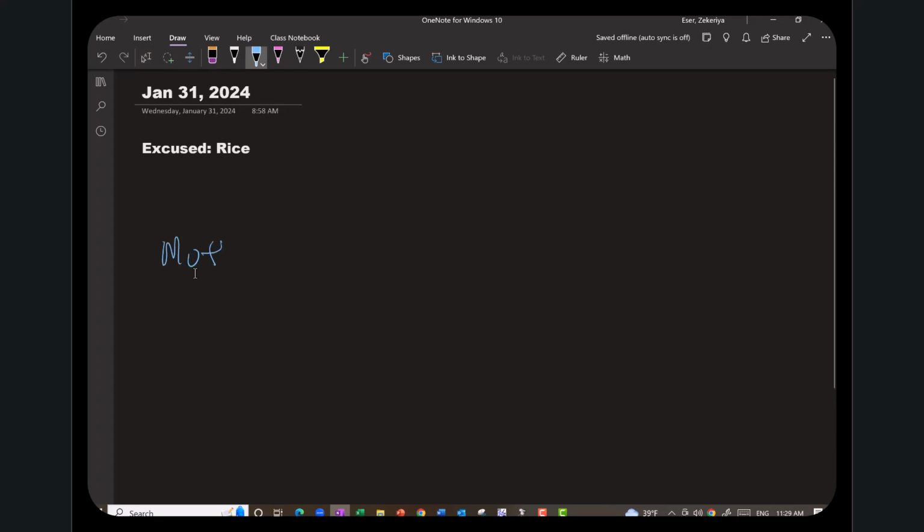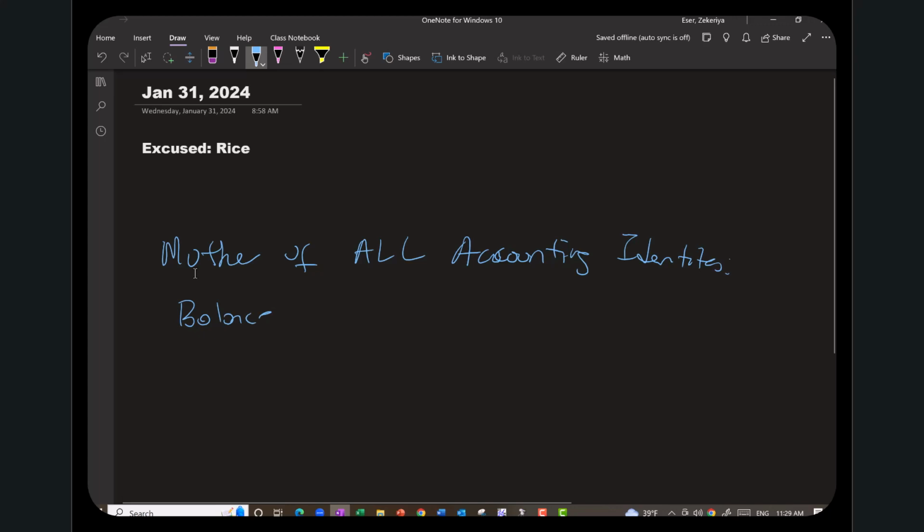So the mother of all accounting identities is the so-called balance sheet identity. And that's going to be total assets are equal to total liabilities plus total equity.